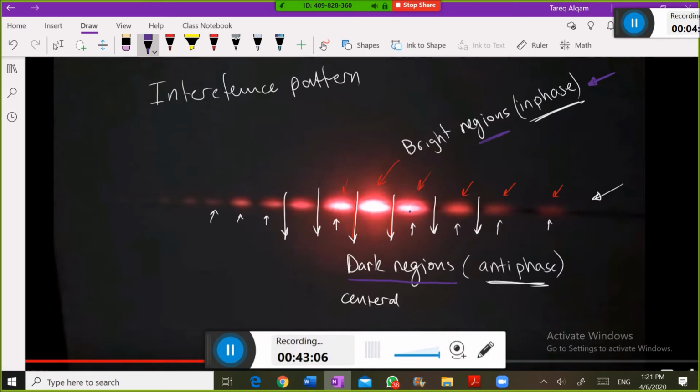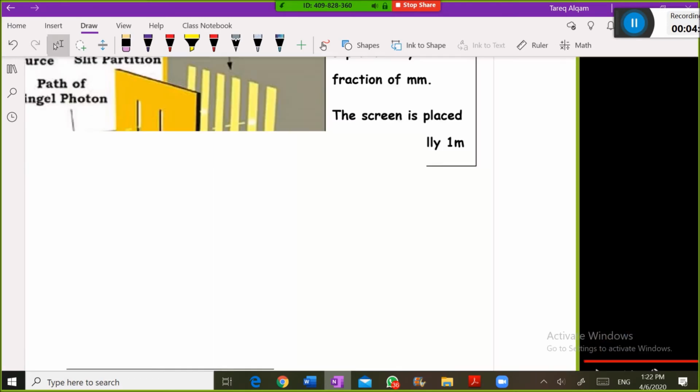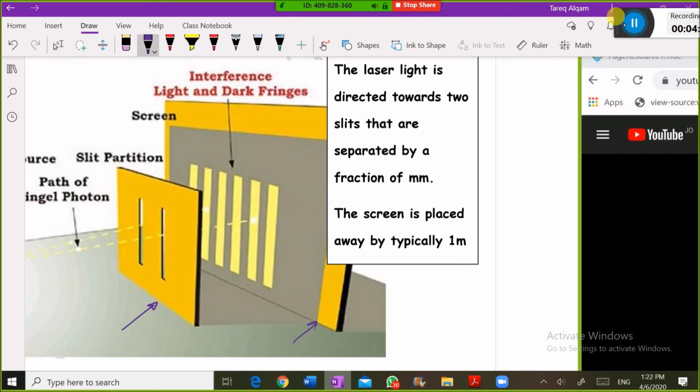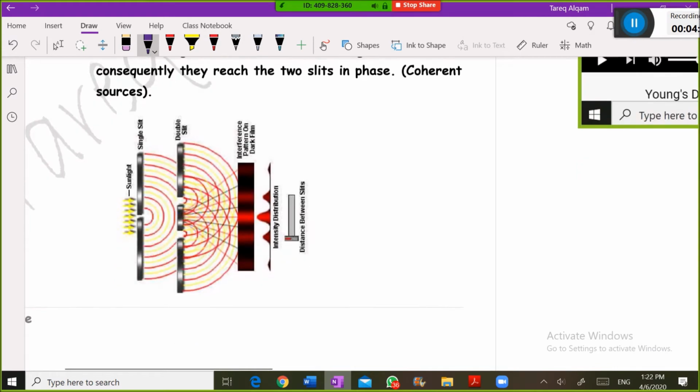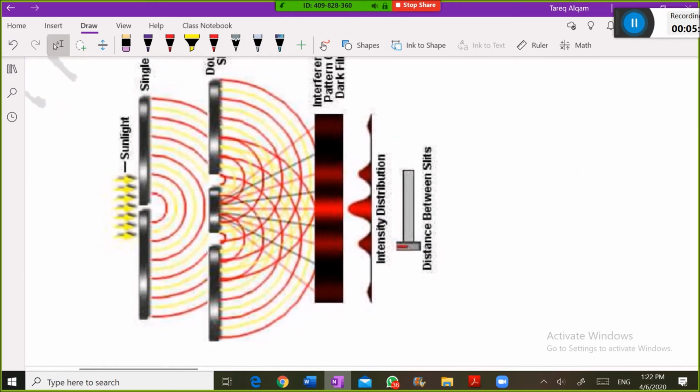Again, guys, why is the central one bright? Why is the central one the brightest one? Because all of the waves from the two slits here, the light that reaches these slits will diffract in all directions, like this. The waves from this slit and this slit diffract in all directions.